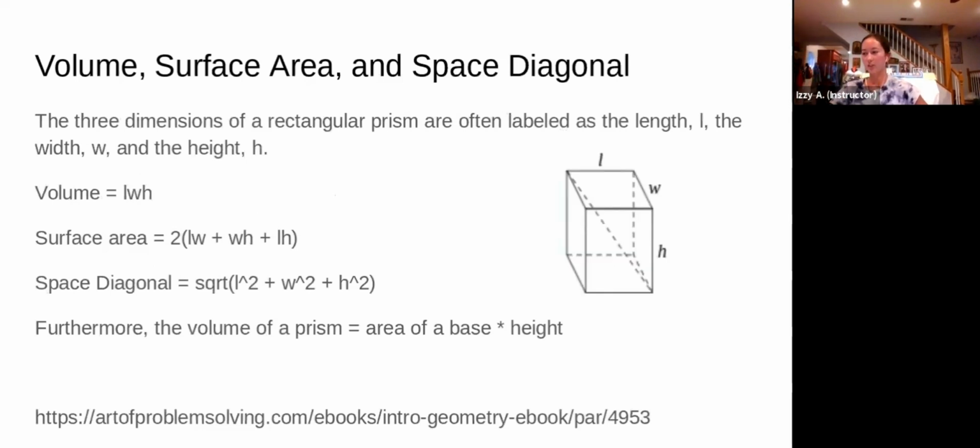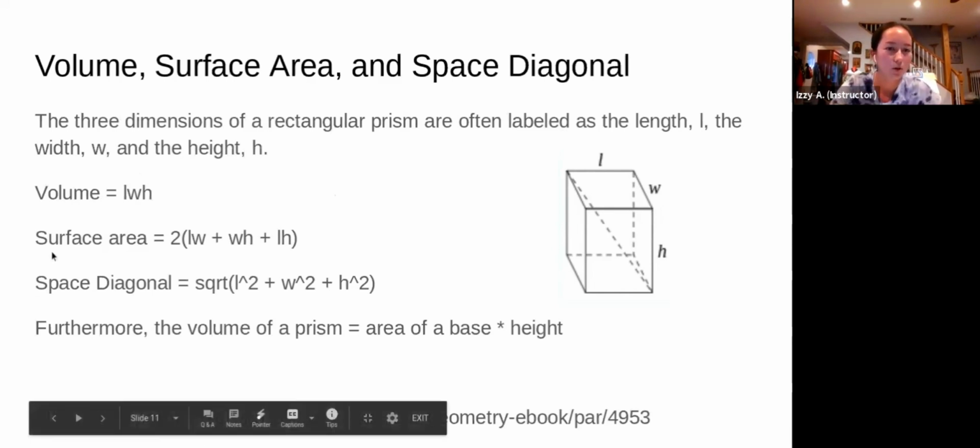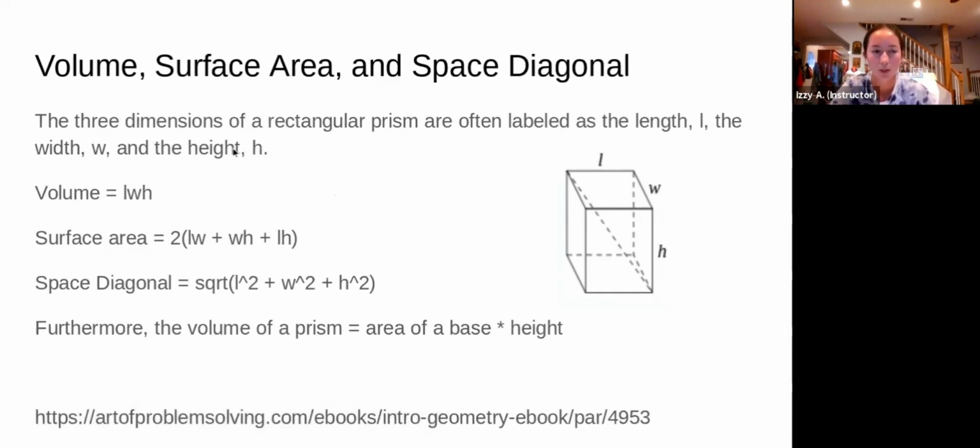So we have more information about volume, surface area, and space diagonal. The 3 dimensions of a rectangular prism are often labeled as the length L, the width W, and the height H. The volume is length times width times height, or L times W times H. The surface area is 2 times parentheses length times width plus width times height plus length times height, closing parentheses.